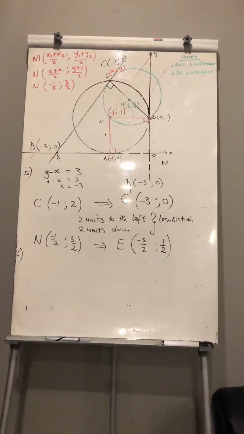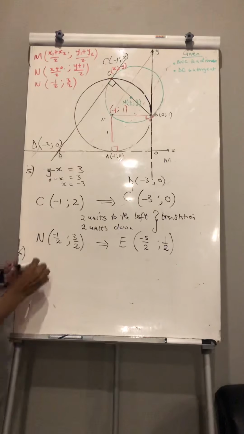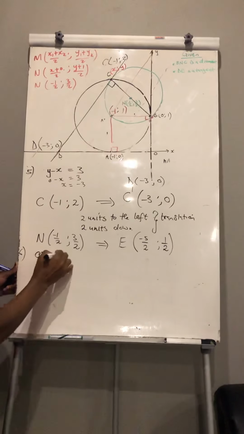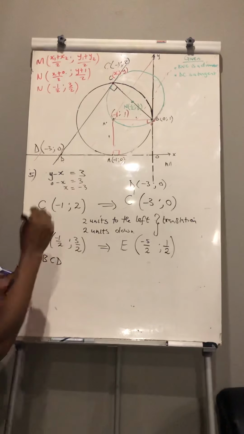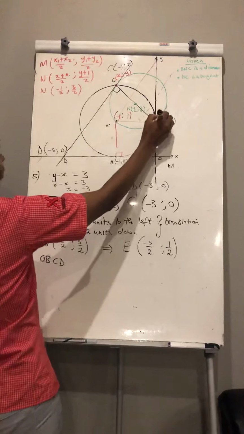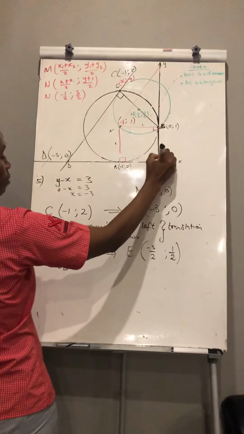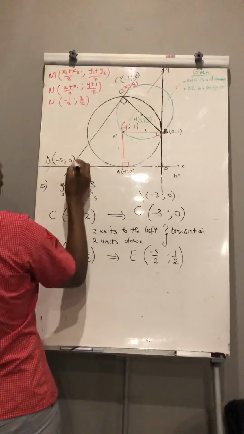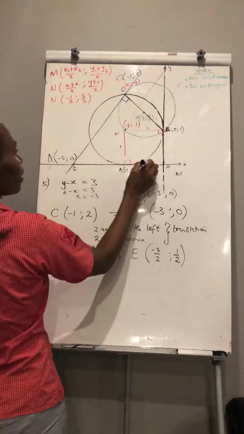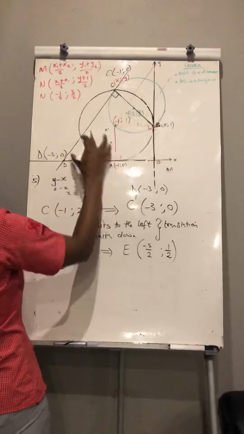Now, it says if it is given that the area of the quadrilateral OBCD, so look at OBCD. I think you're seeing it. So B is over here. So it's O, B, C, D. So it's this whole quadrilateral right here, O, B, C, D. This whole shape in here.